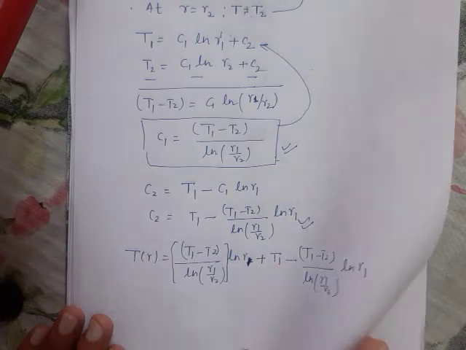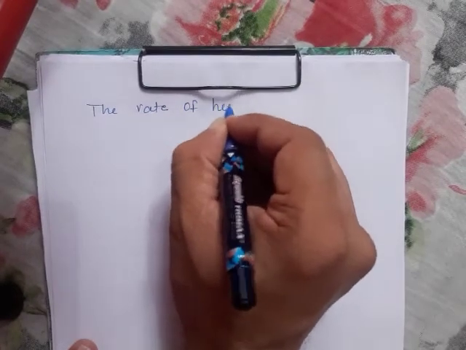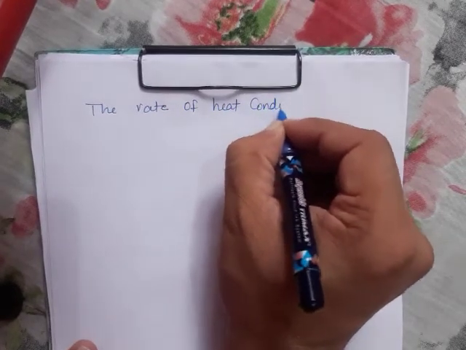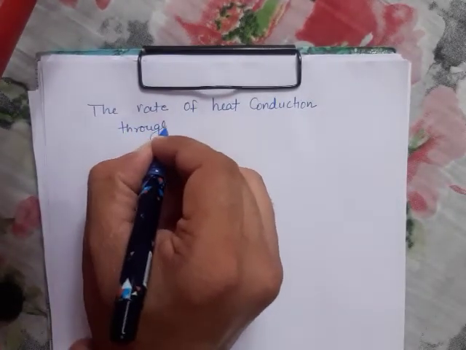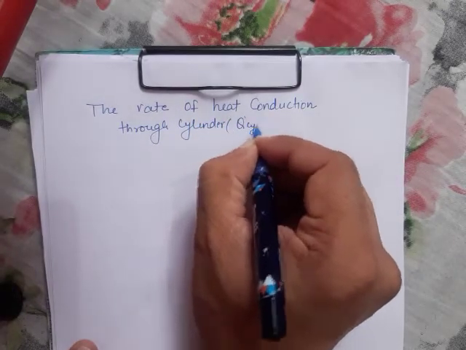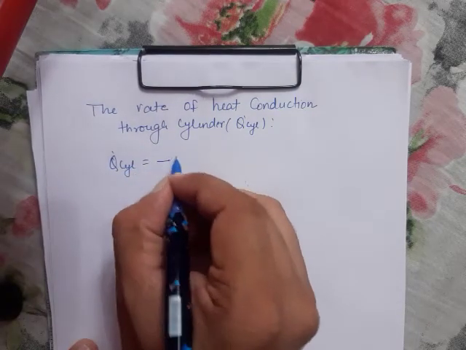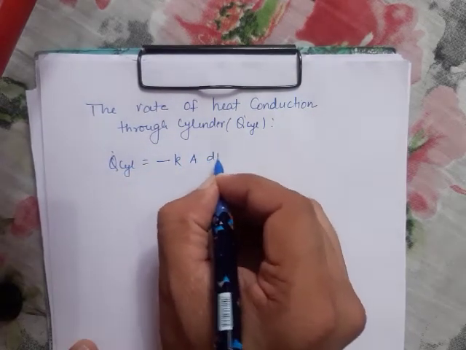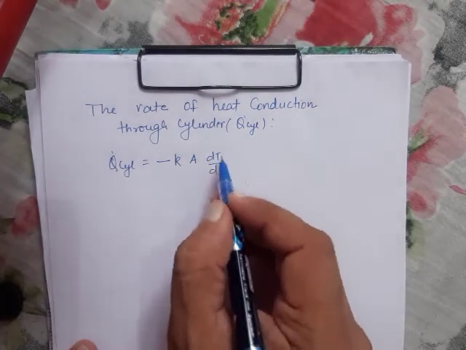Now let's move forward to calculate the rate of heat transfer through the cylinder. The rate of heat conduction through the cylinder, Q cylinder, can be written as minus K A dT upon dr. A very simple expression, because we are considering heat transfer in the radial direction.